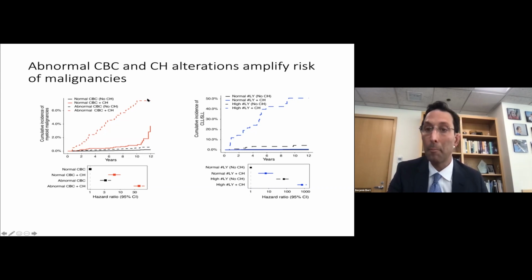So a cytopenia plus a mutation that we see in MDS or a copy number abnormality that we see in MDS is associated with a really dramatic increased risk of a myeloid malignancy. And very similarly, on the lymphoid side, lymphocytosis plus one of the molecular abnormalities that we see in CLL, such as a point mutation or a copy number abnormality, is associated with a nearly 1,000-fold increased risk in the development of a lymphoid malignancy, predominantly CLL or SLL. And this work in aggregate is currently in press at Nature Medicine.